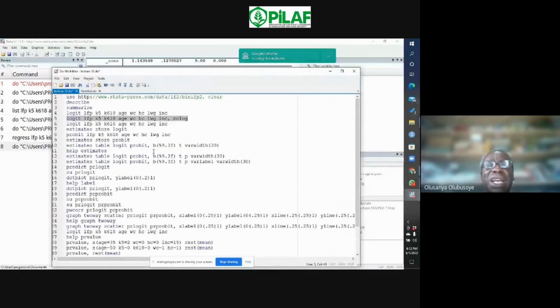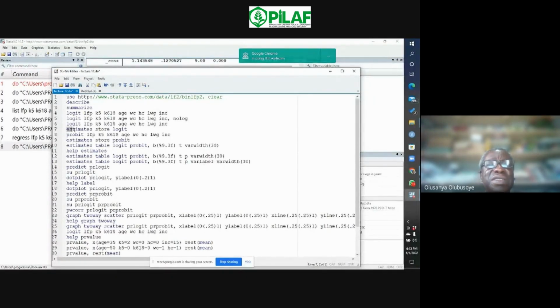Let's go back, and here it's going to give me the same thing. Now I want to go to line 7. I want to keep all the results, so I use the estimates store command. I will keep all the results in memory. Just do whatever I ask so that you will appreciate the result that will come out.